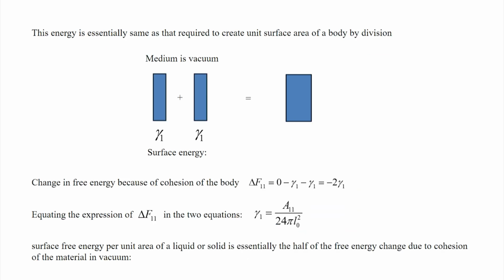Let us say that two materials are separated in vacuum, and every surface has some amount of energy, which is called surface energy, the energy associated with the surface. This surface has energy, let us say gamma 1, and this surface also has energy gamma 1.